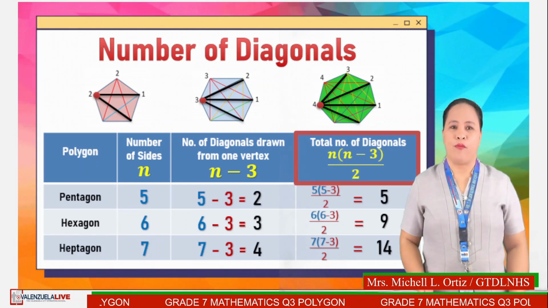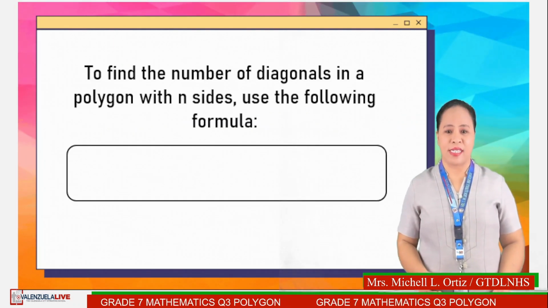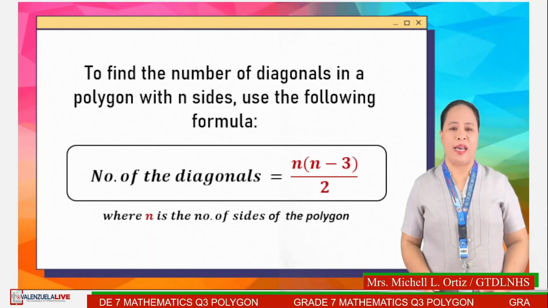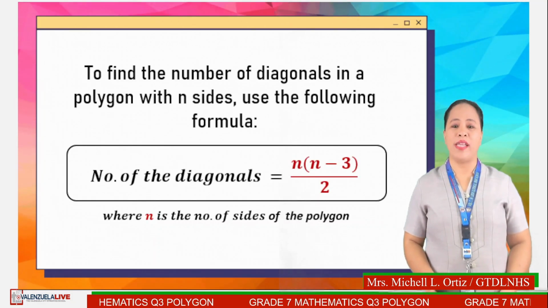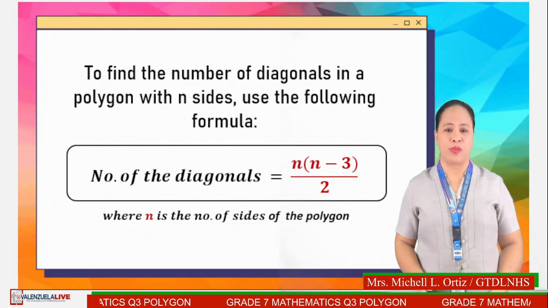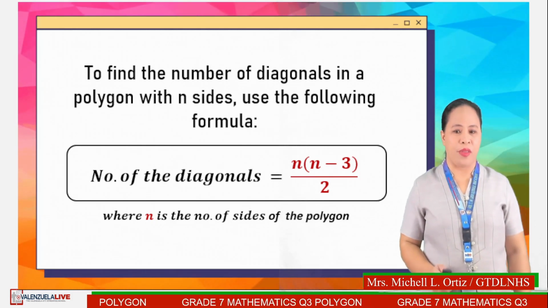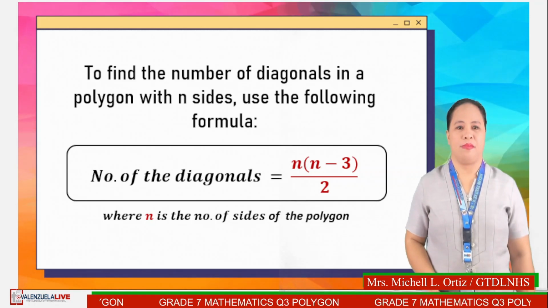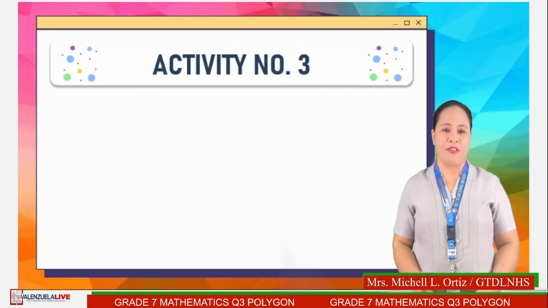Again, to find out the number of diagonals in a polygon with n sides, use the formula n times the quantity of n minus 3 all over 2, where n is the number of sides of the polygon. Let us now proceed with activity number 3.